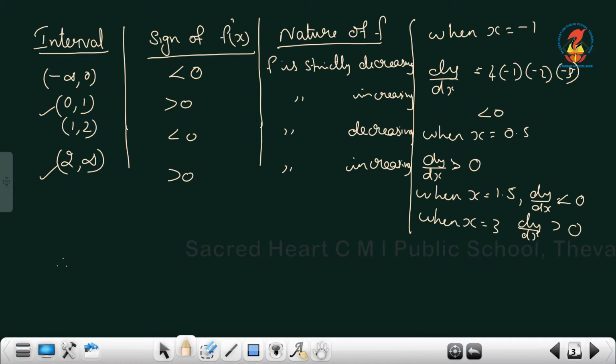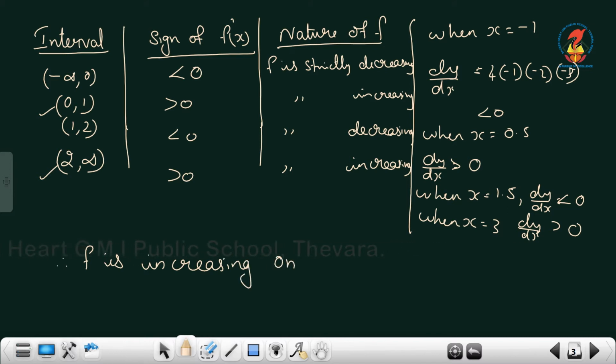So the conclusion: f is increasing on, increasing means you have to put closed intervals. So increasing on the closed interval [0, 1], then we put a union symbol, since there is more than one interval, the next interval is [2, infinity). So 2 is closed, infinity is open.